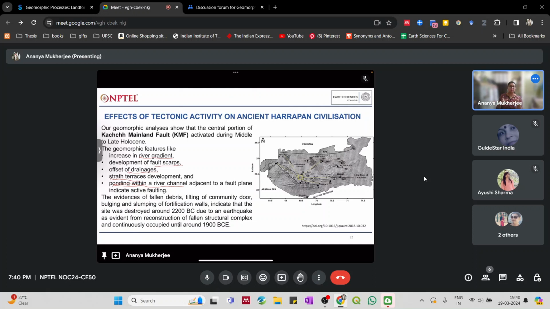so there could be ponding, or if one part of the river gets separated, say if it's a meandering river and one part of the meander is cut off from the main channel, you could have a ponding of the river that is present over there due to the fault plane.